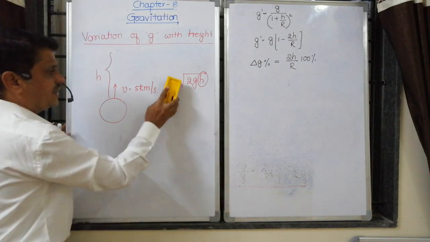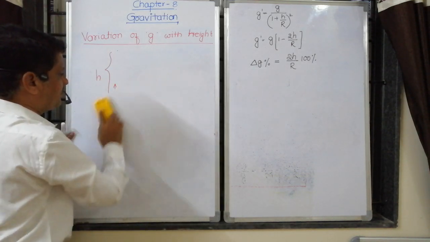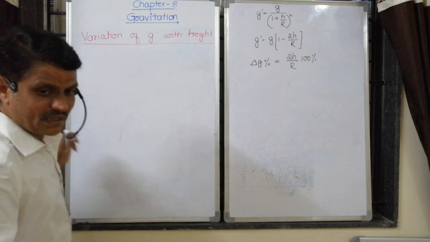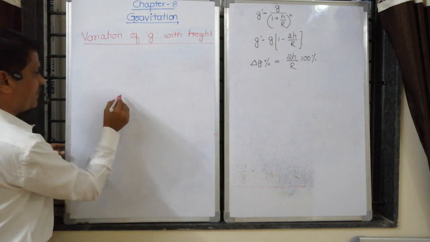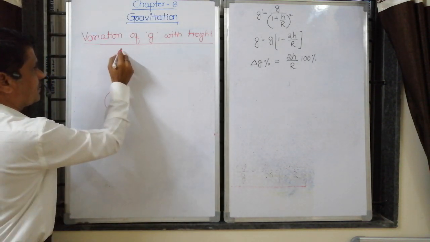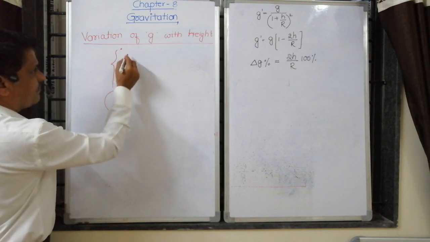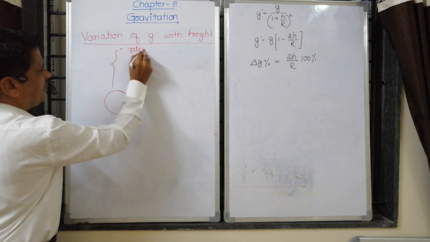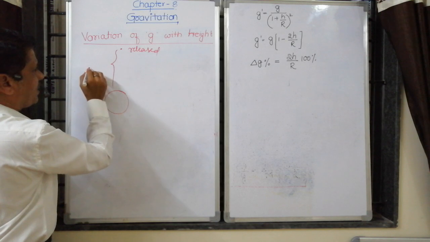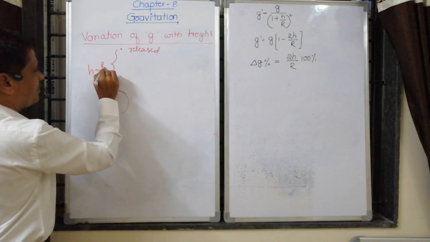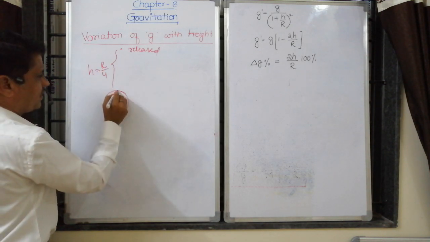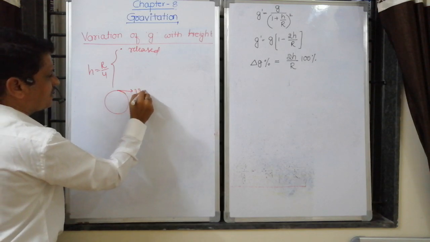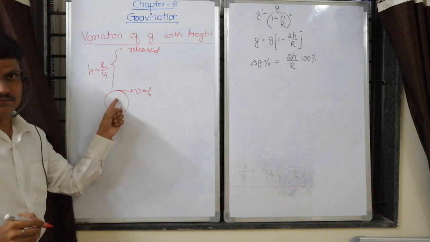You can try, okay? And another kind of question is, when it is the earth, when you release a body from a height of say r by 2, r by 4 and so on, with what speed does it reach the surface of the earth?